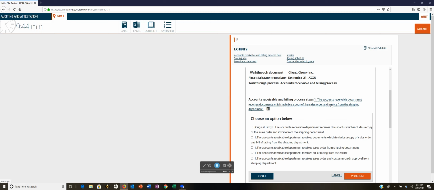But you don't receive the invoice from the shipping department. That stood out to me when I first looked at this. I said, wait a minute, that doesn't sound right. Now, it could be what this client is doing. But let's look down at the options that they give us. Option number one: the accounts receivable department receives documents which includes a copy of the sales order and bill of lading from the shipping department.